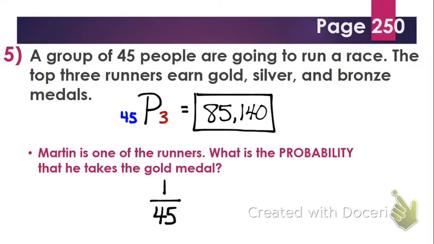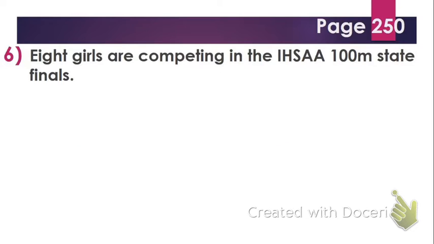8 girls, I'm looking down at number 6. 8 girls are competing in the IHSAA 100-meter finals. What would this look like? What's the first number I should write down? 8. Does order make a difference here?